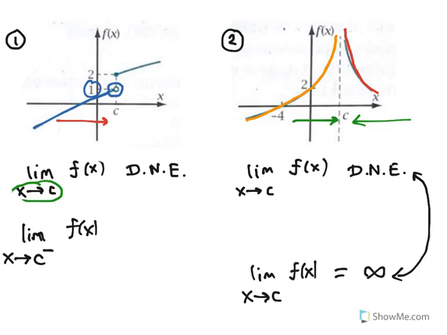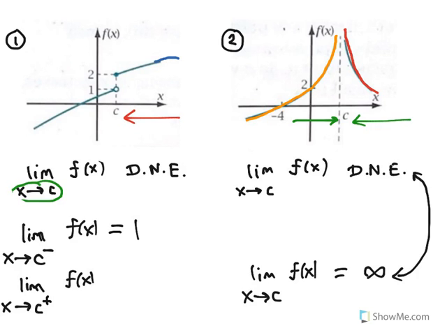So you can say the one-sided limit of f of x as x approaches c from the left is equal to 1. And you can do the same thing about the one-sided limit of f of x as x approaches c from the right side of c. And when you have that superscript of a positive sign or a plus sign, that means the input values are approaching c from the right of c. And you can see from the graph that when the input values are approaching c from the right of c, the output values are approaching the number 2.